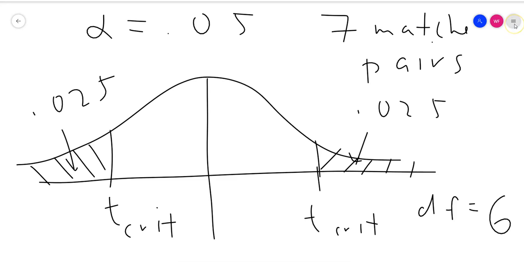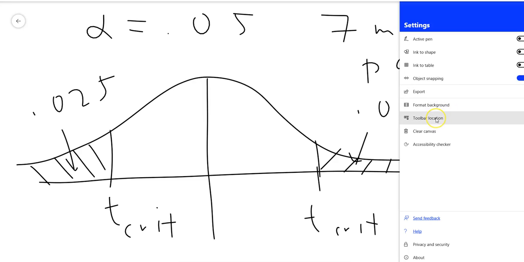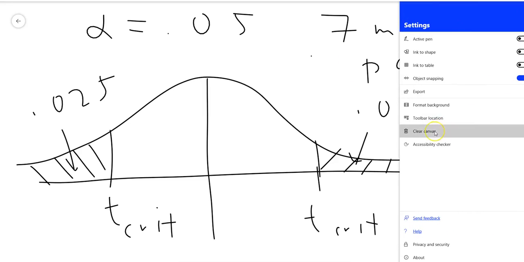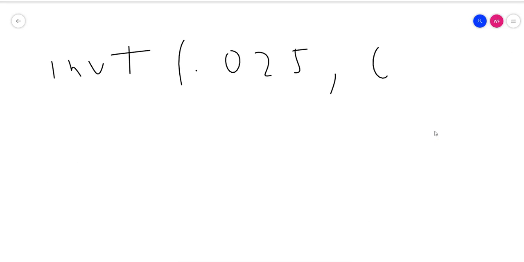So on the calculator, I can figure out what those critical t-values are. It's going to be inv_t, the area to the left is 0.025, and the degrees of freedom are 6 because the number of matched pairs was 7. The degrees of freedom is always 1 less.